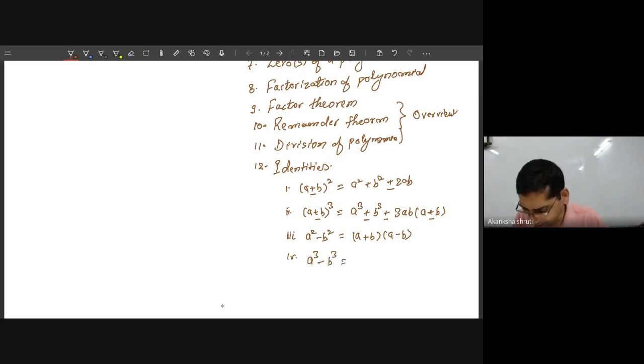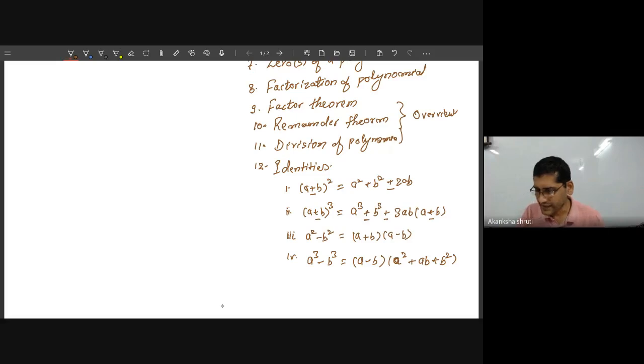It can be given by, or a cube plus b cube we can also take. It is given by (a minus b) into (a square plus ab plus b square). Students, what we have to pay attention to here, it is not 2ab, it is only ab.